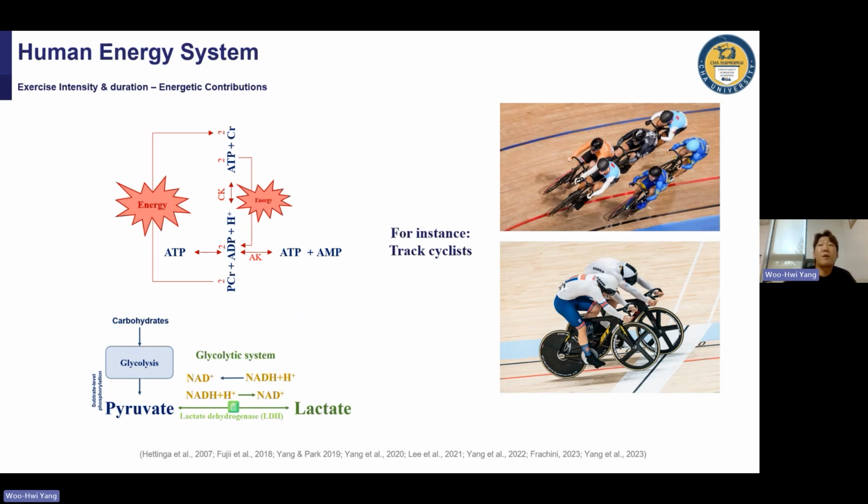This system, compared to the phosphorylation system, is characterized by an intermediate energy flux rate and metabolic power because of the higher number of reactions and greater overall capacity from a larger amount of stored carbohydrates.